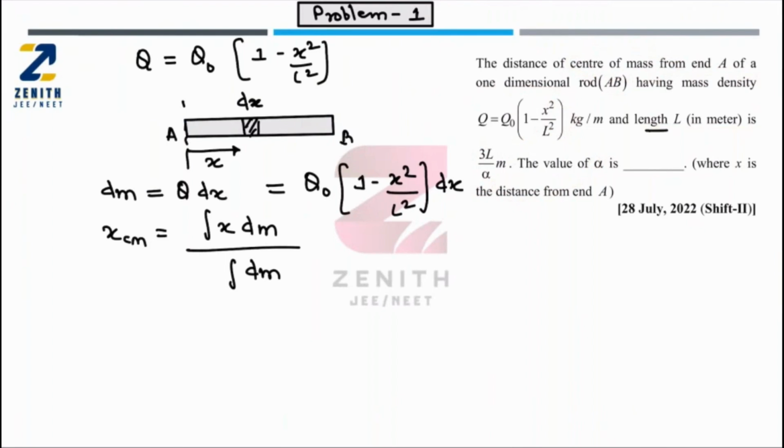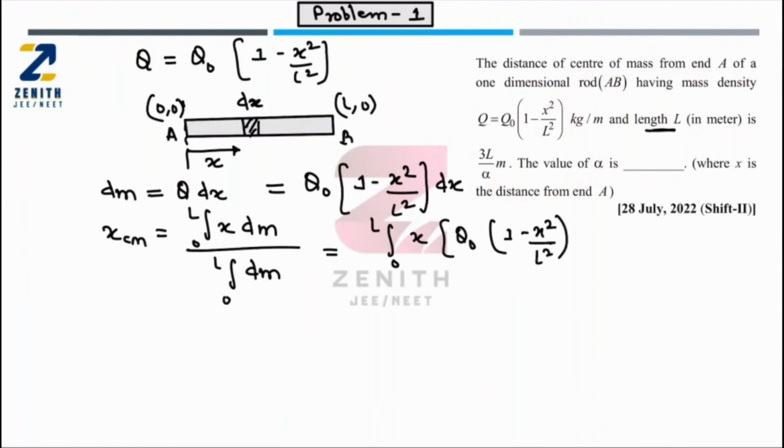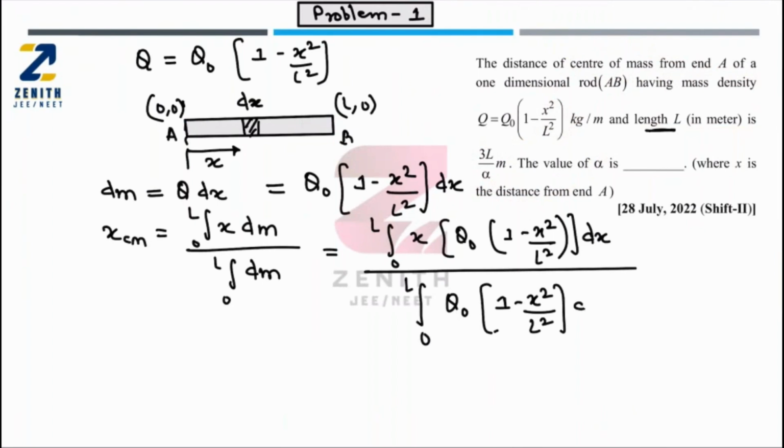The total length of the rod is L. That means this is 0, 0, and this will be L, 0. So it is varying from 0 to L. So from 0 to L, x into q naught times 1 minus x square by L square dx, divided by, again, the integration from 0 to L of dm, which is q naught times 1 minus x square divided by L square dx.